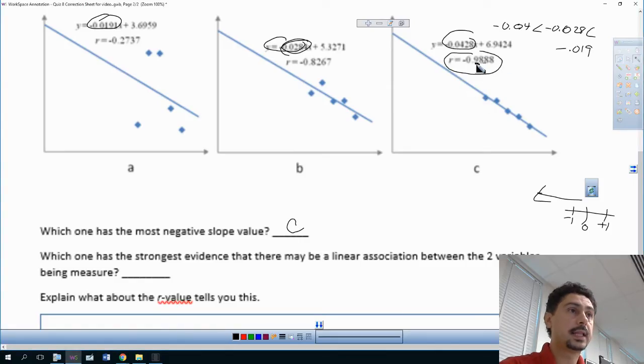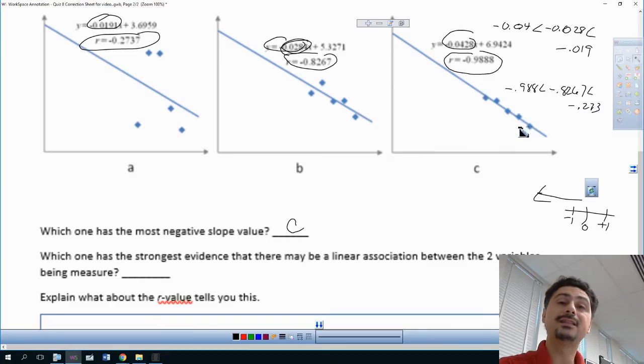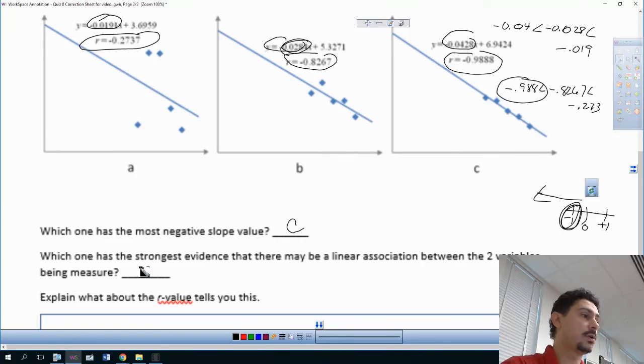R equals negative 0.9888, and negative 0.9888 is less than negative 0.8267, which is less than negative 0.273. And the one that's the most negative, the one that's closest to the -1 value, is the strongest evidence. So it has to be this one. And that also corresponds to graph C.